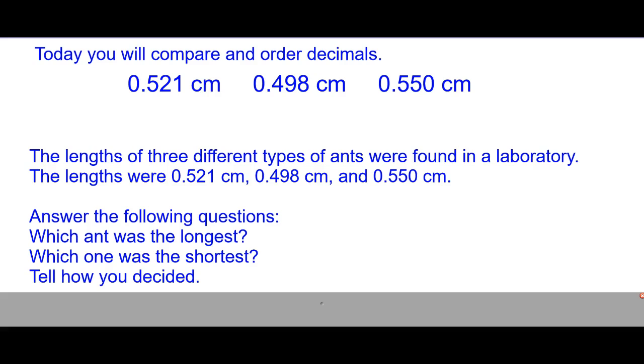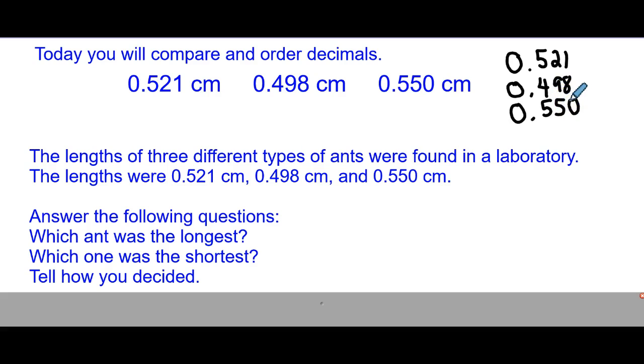So we're going to follow that same strategy and write these in a nice organized fashion, lining up all the decimal points. So I have 0 and 521, I have 0 and 498 thousandths, and I have 0 and 550. I could also call that 55 hundredths, but we'll put it out there like that.